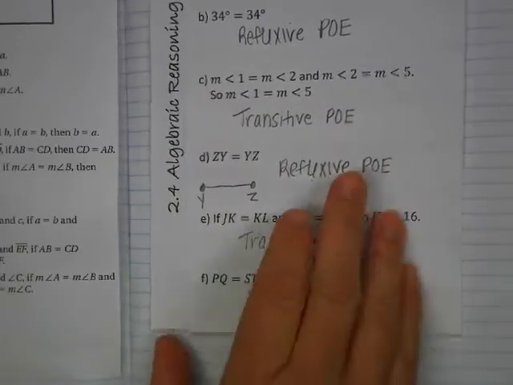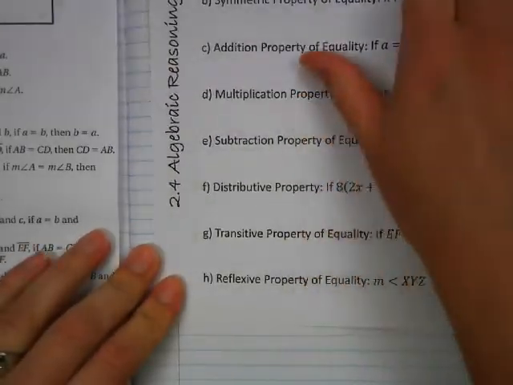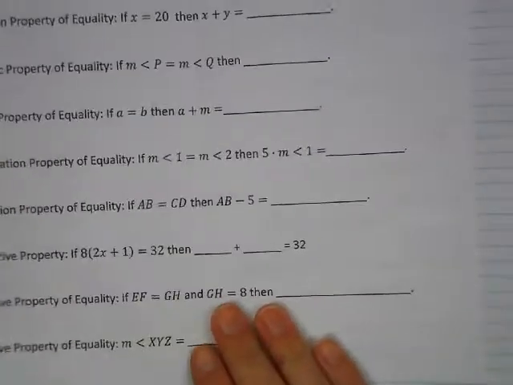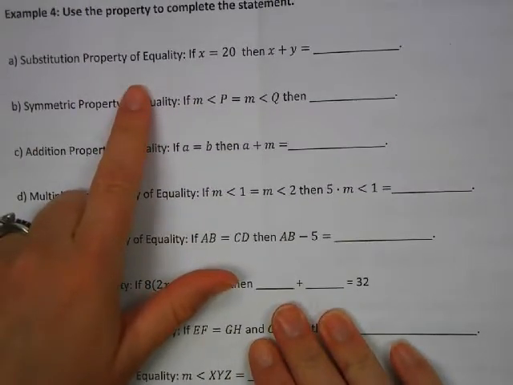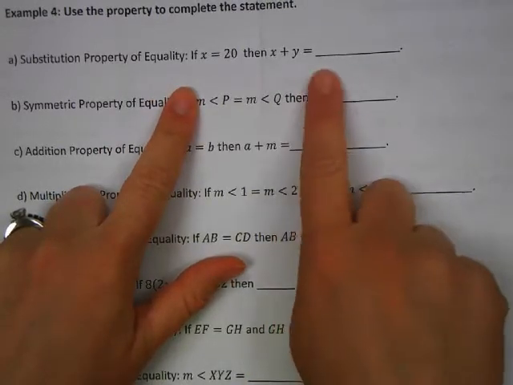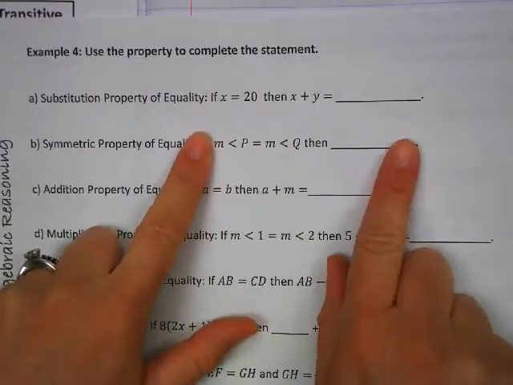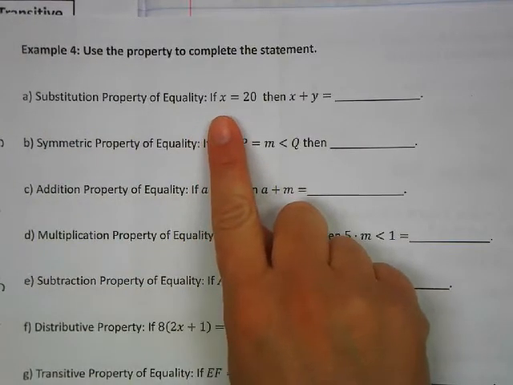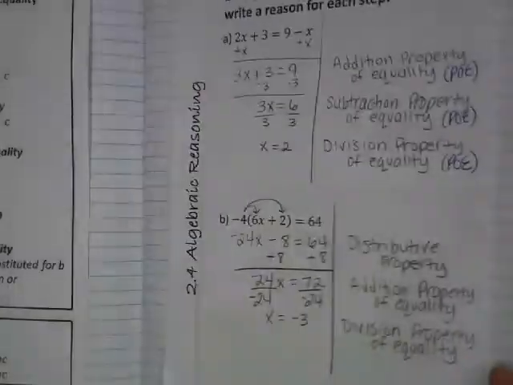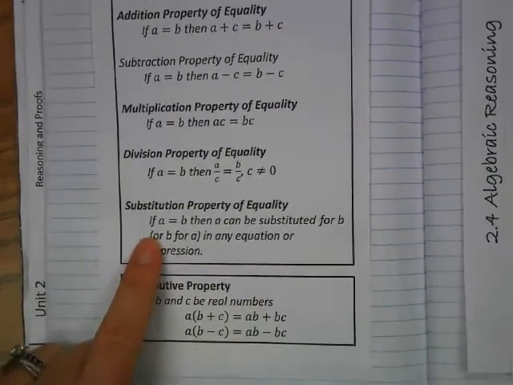Okay, then going to the last example, example 4, you are now given the property of equality that you have to apply, and you're going to fill in the blank. So using the substitution property of equality, so that's back here on page 18.